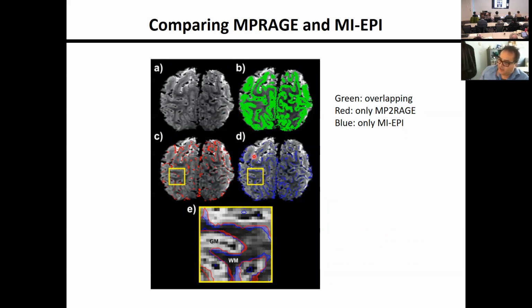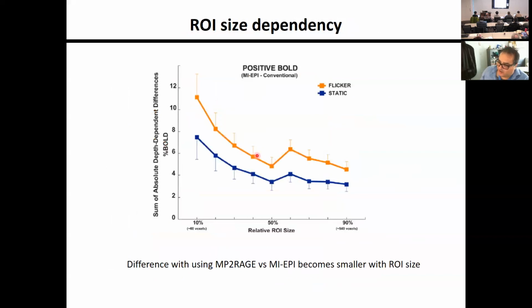Second, even inversion recovery EPI is not perfect, because the inversion recovery EPI is acquired in a different run. And if the subject has moved, the distortions are slightly different, which means also here you have some mistakes. So the larger the ROI, the smaller the difference between the workflows.